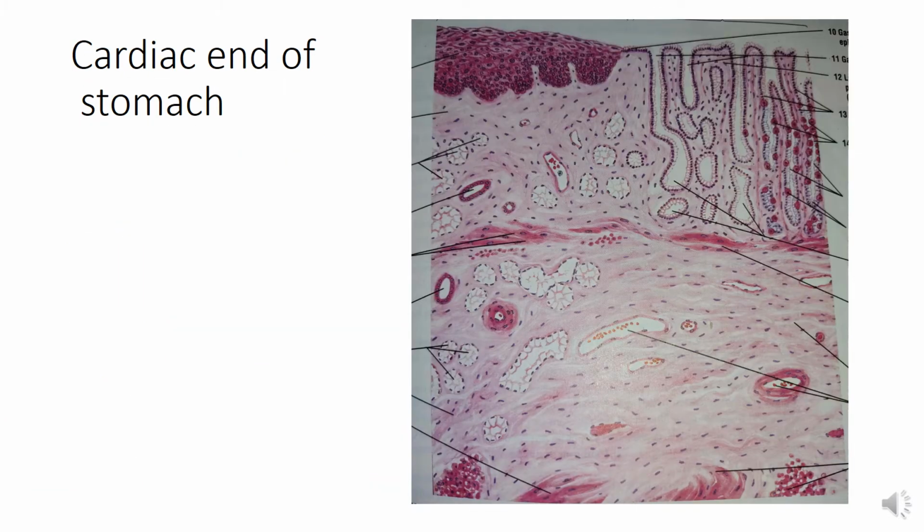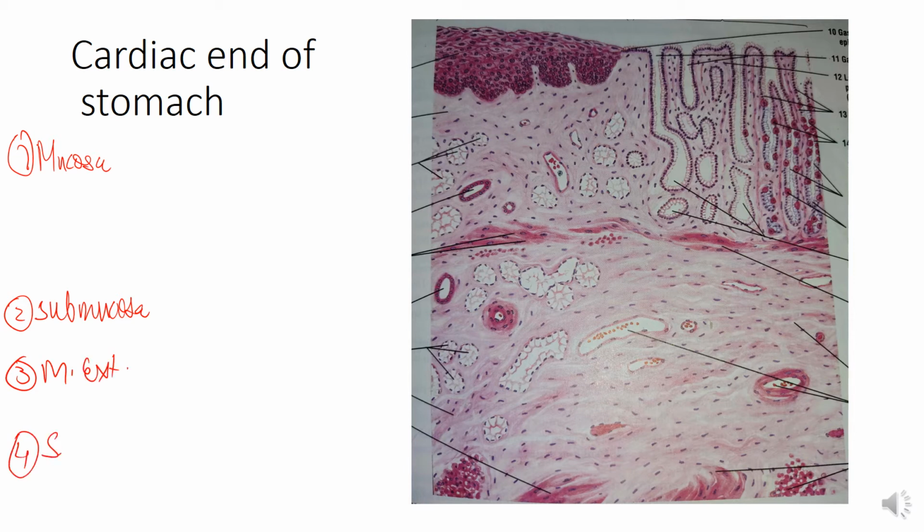So now the cardiac end of the stomach. So this is the cardiac end. Again the 4 layers: mucosa, submucosa, muscularis externa, and number 4 is serosa.